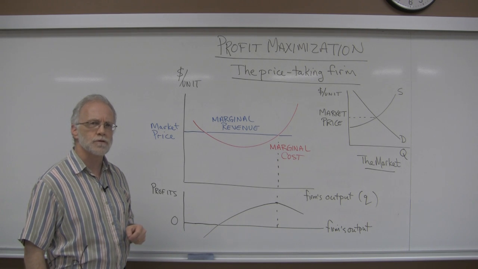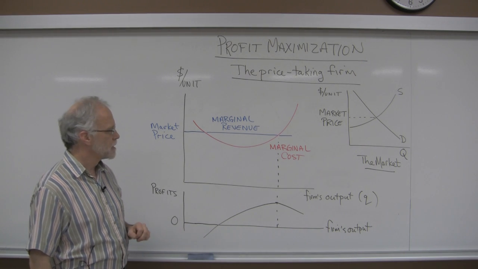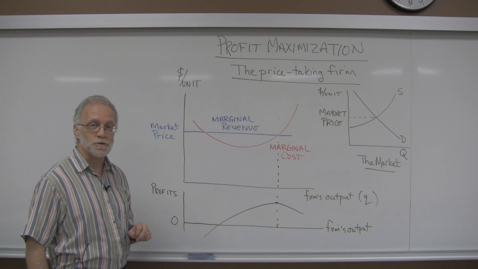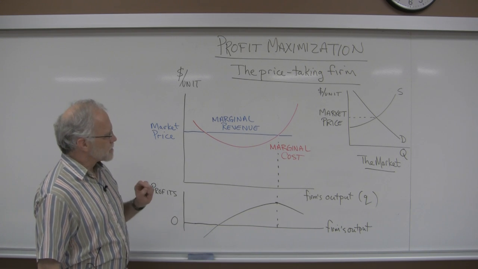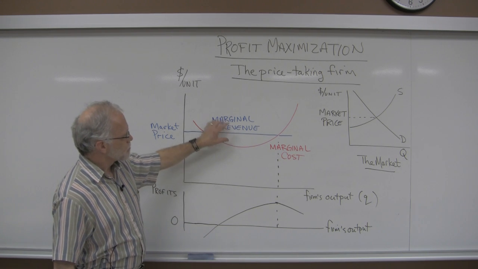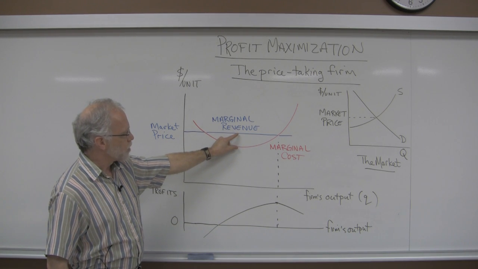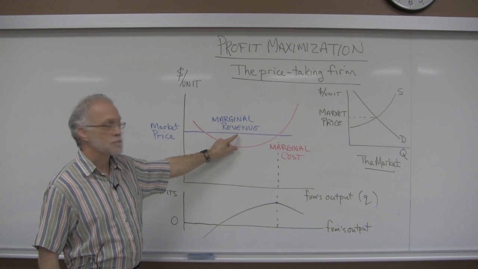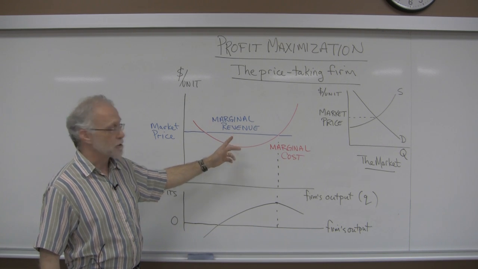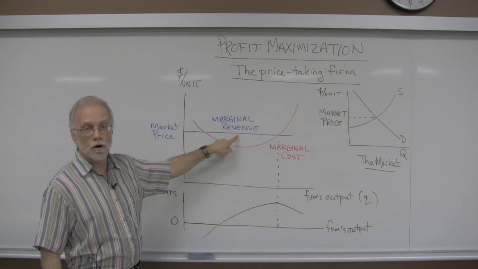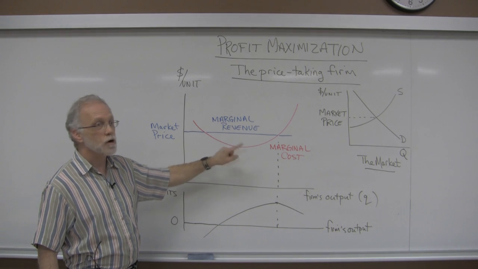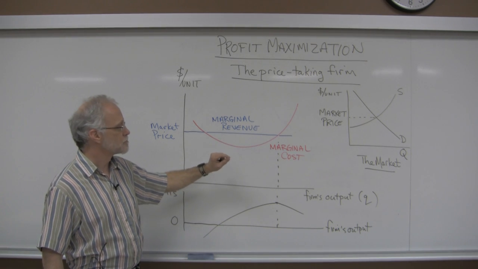There's one mistake that students often make, and I'll just point this out, and you better make sure you don't make this mistake. The idea is that students often look at this and they think, well, here's revenues, here's costs, we should maximize profits where the gap is the biggest. But you can see that's just plainly wrong here, because we're talking about marginal revenues and marginal costs, not total revenues and total costs.